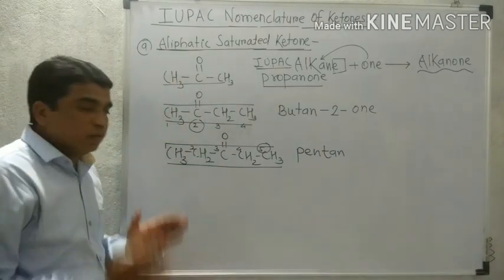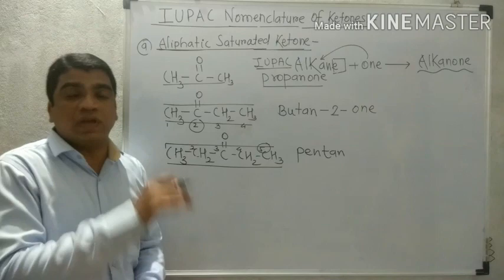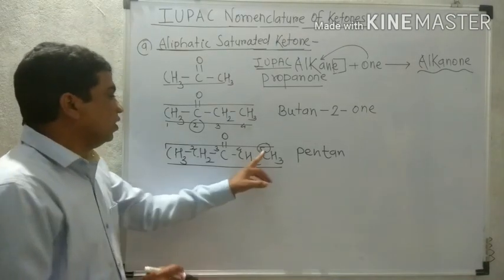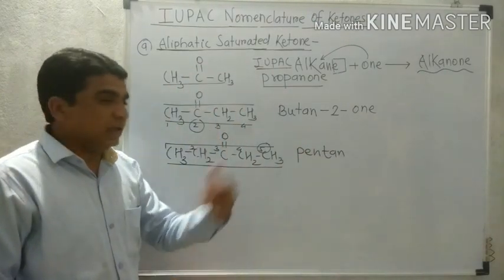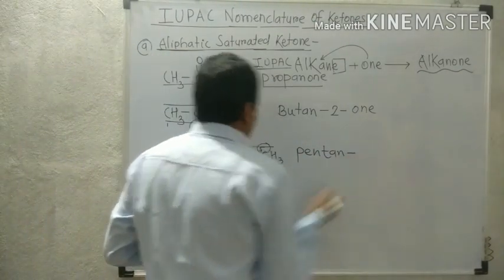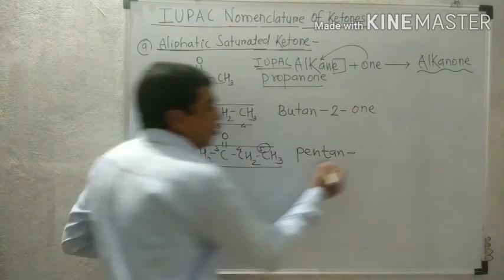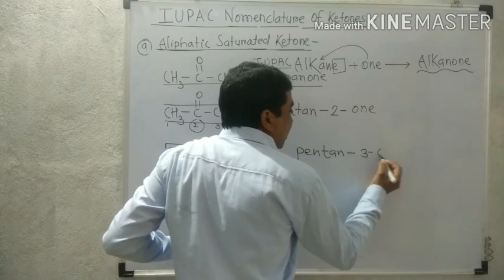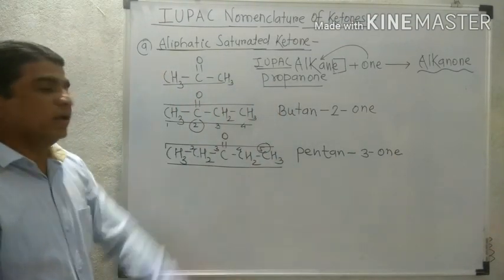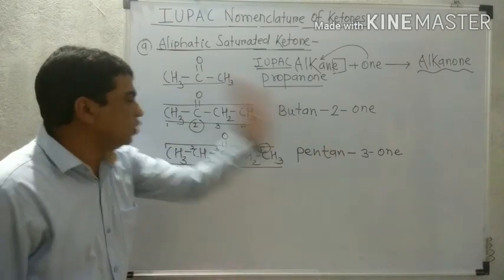Because we know what the rule is: write the position of the C double bond O before O and E by replacing the ending E. Therefore, 5 carbons, pentane. E is replaced from pentane. Then after, the position of the C double bond O. Where is it located? At the third carbon. And for ketone, C double bond O, we add ONE. What is the IUPAC name for this structure? Pentan-3-one.